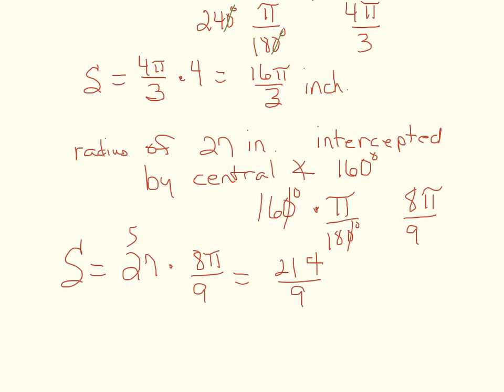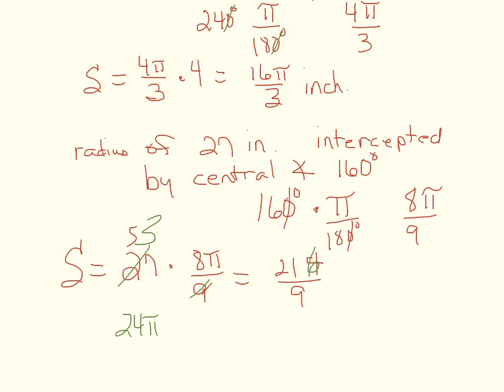I multiplied them first, and then I reduced there. You can do that. Okay, that's what I was doing, except I multiplied wrong. So 24 pi. And if you wanted a decimal approximation, you could just plug 24 pi into your calculator.